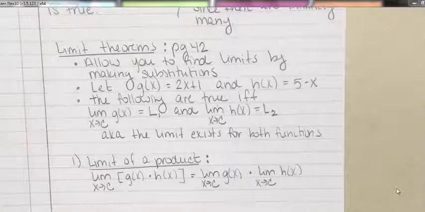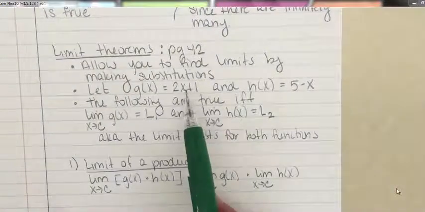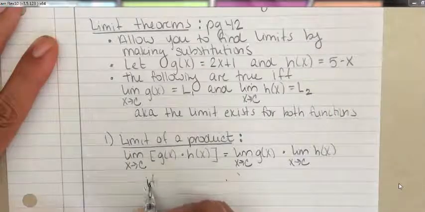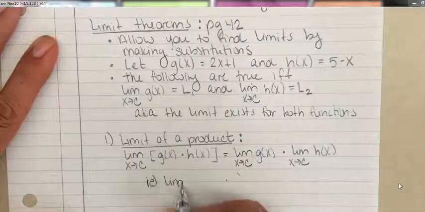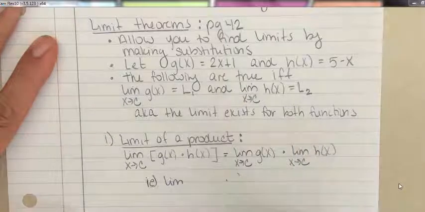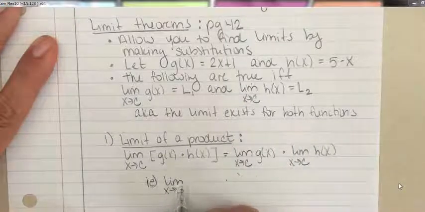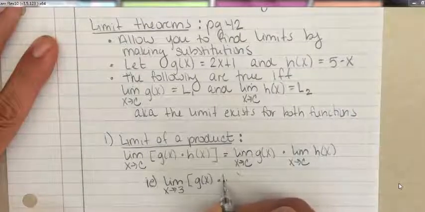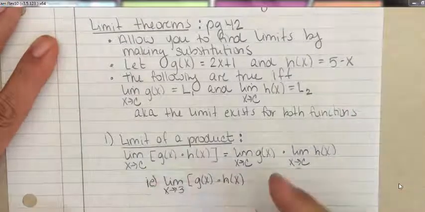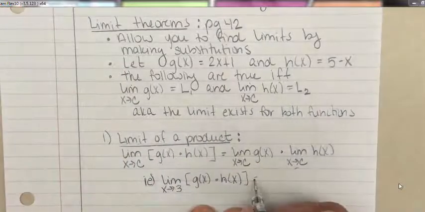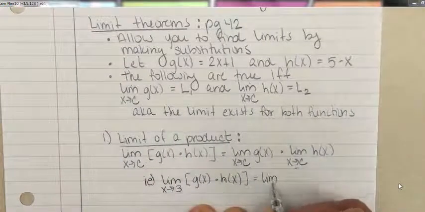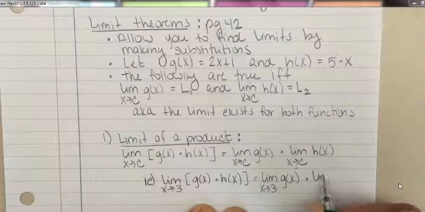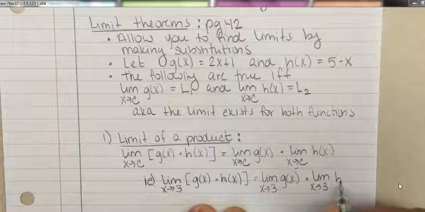Okay, so let's do an example with what I've defined up here as my functions. So, the limit, and I'll just choose as x goes to 3 of g of x times h of x. Well, I can really rewrite that as the limit as x goes to 3 of g of x times the limit as x goes to 3 of h of x.